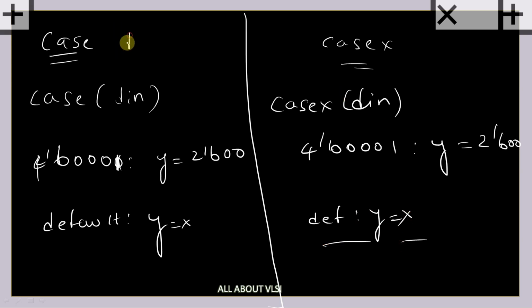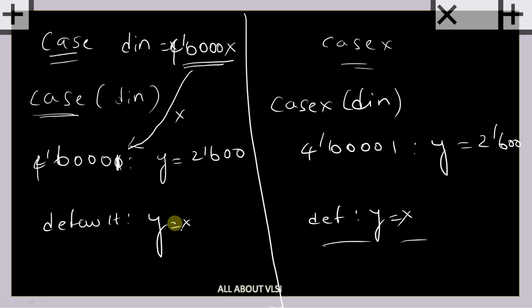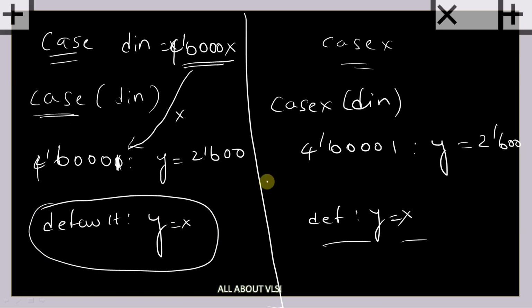Now in this case, if your din is equal to don't care, that is 4'b000x, then it is not going to match with this case or any other case, because you are using a simple case statement. So it is going to match with the default statement, and your output will be don't care, because it is a default statement.